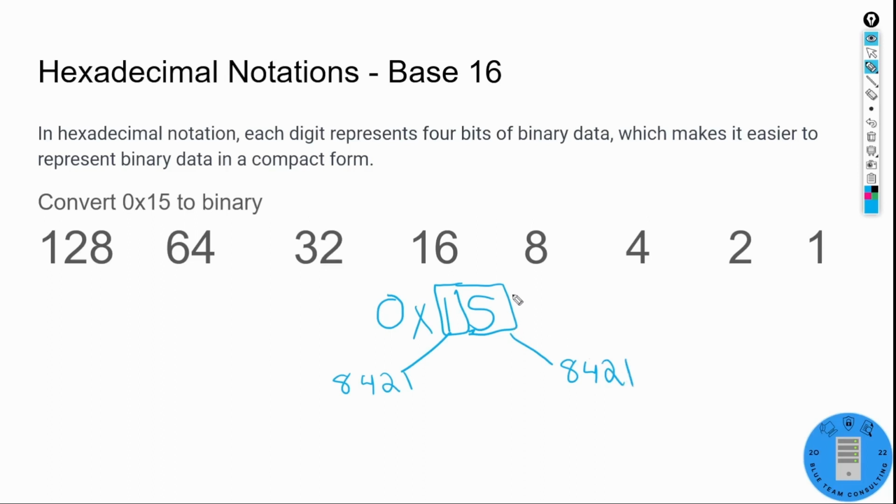If you remember, this is 1 byte, which means this is 8 bits. So we can allocate 4 bits over here to the 1 and 4 bits to the 5 over here.